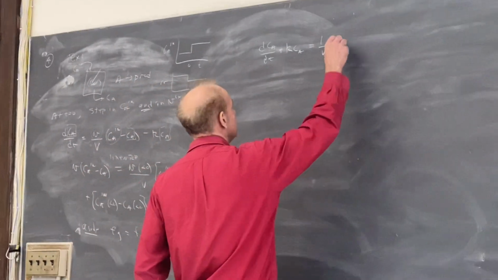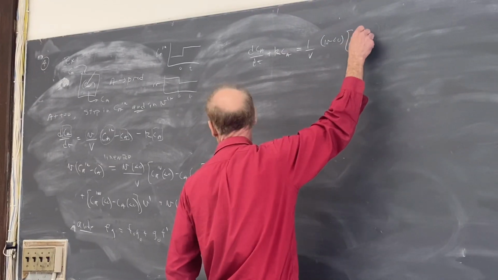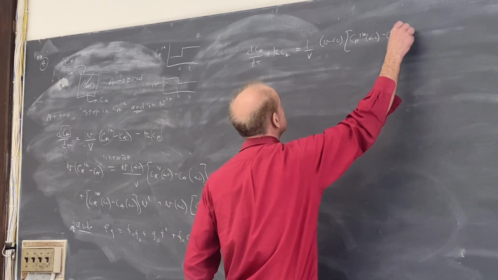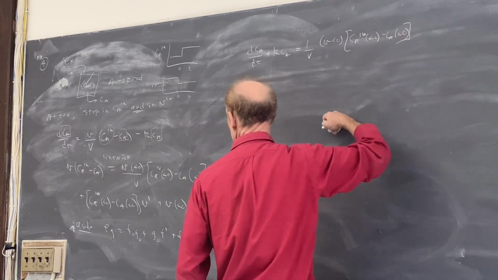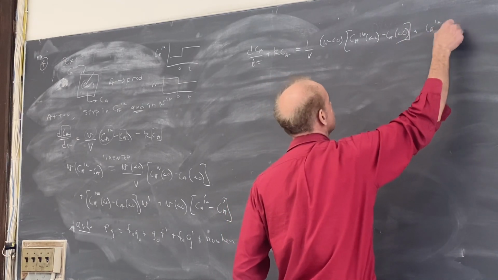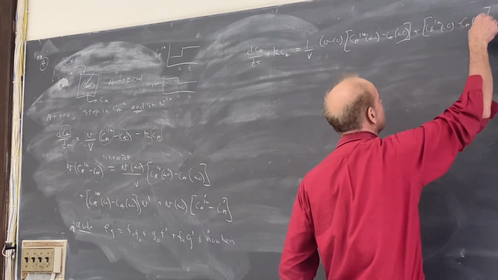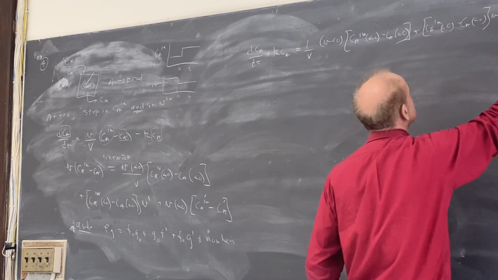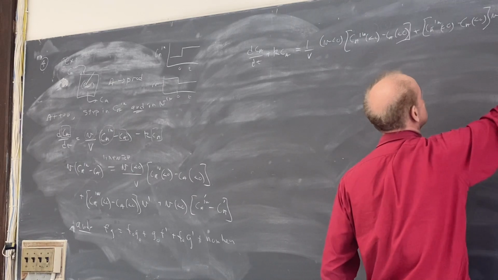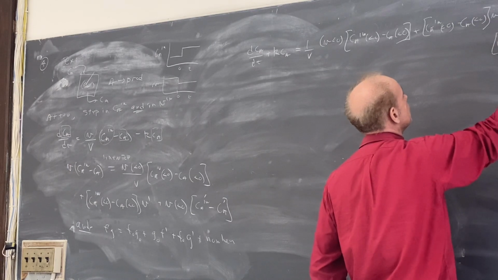So it's equal to V less than 0 times CA in less than 0 minus CA less than 0, plus CA in less than 0 minus CA less than 0 times V prime, plus V less than 0 times CA in prime minus CA prime.